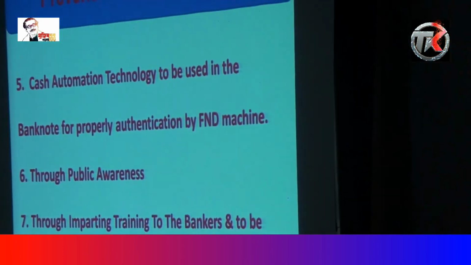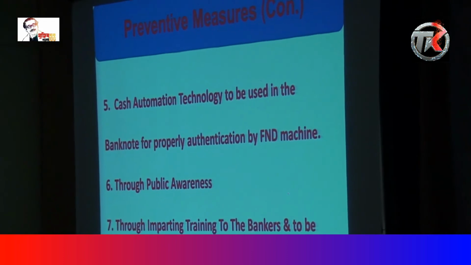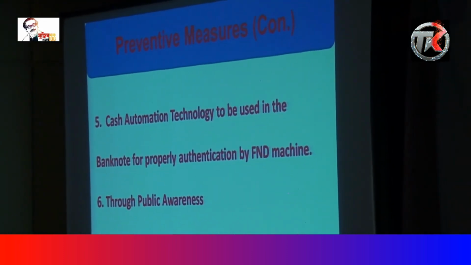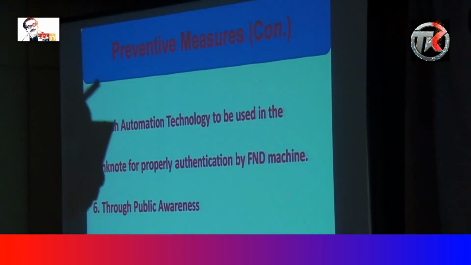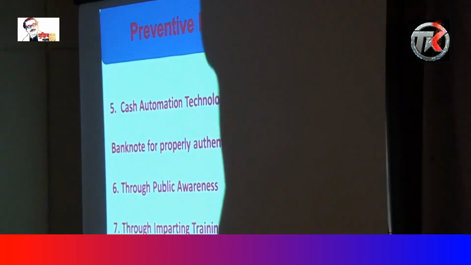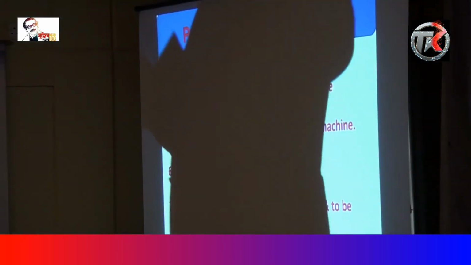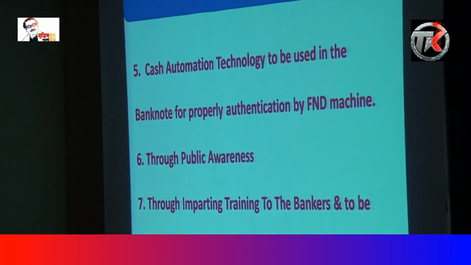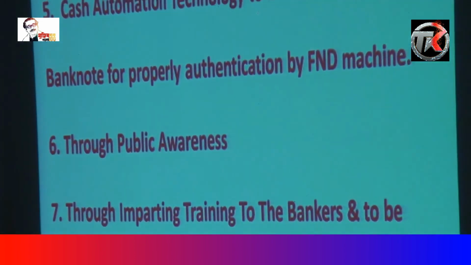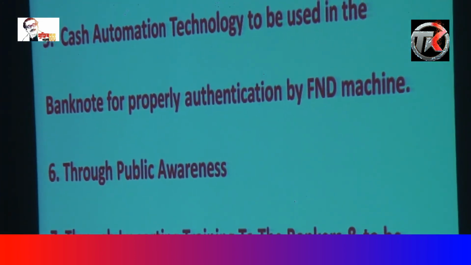Number 5, how we prevent: cash automation technology to be used in the banknote. What is cash automation? Cash automation technology. Suppose in the banknote, how does a machine read the banknote?